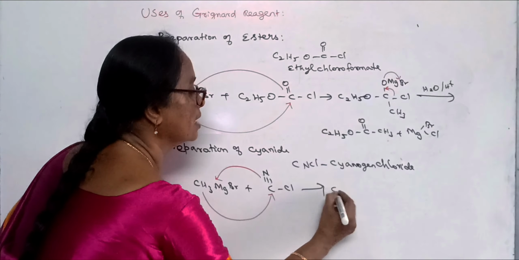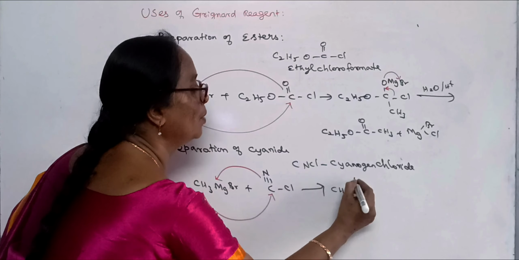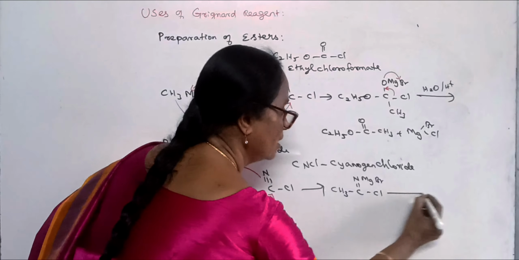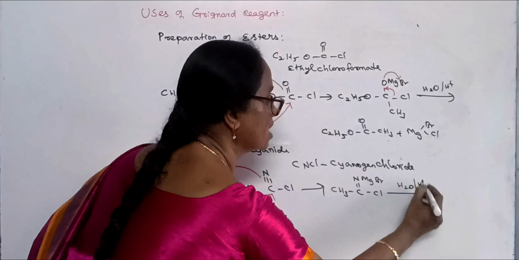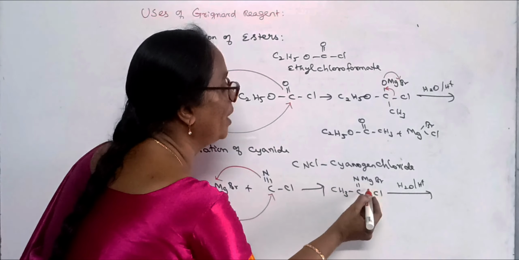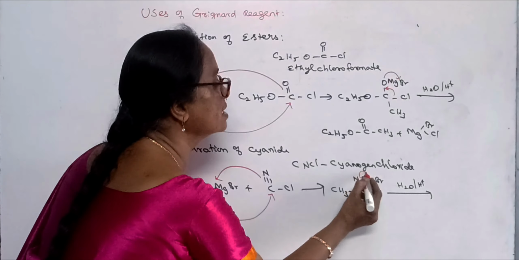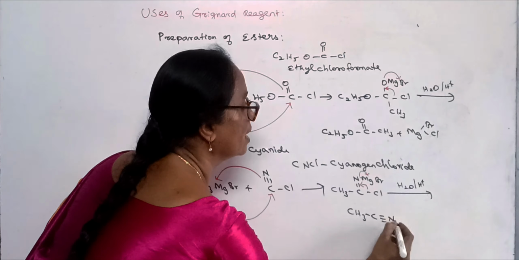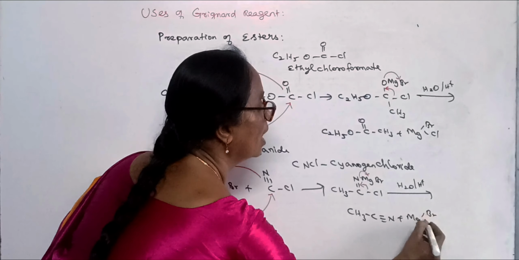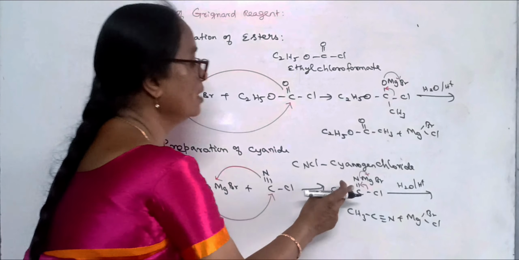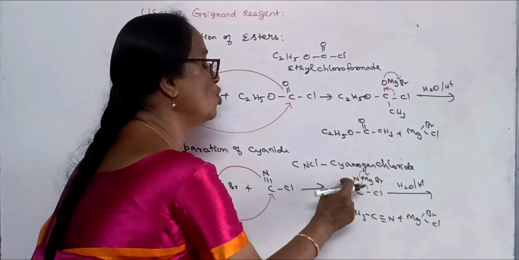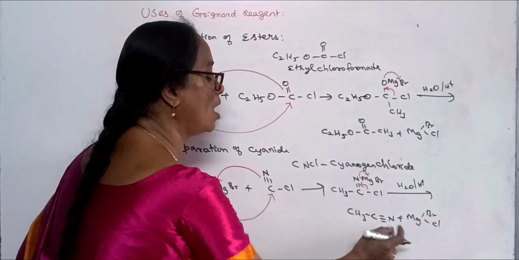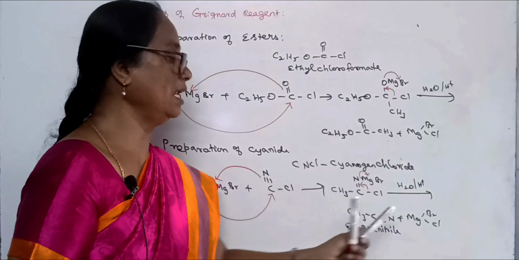So the product is CH3-C=N-MgBr with the Cl. Once again, on hydrolysis in presence of acid, we get the movement of carbon-halogen towards the MgBr. So the product is CH3C≡N plus MgBrCl. Due to the movement of the carbon-halogen, the C=N double bond makes a carbon-nitrogen triple bond. This is called ethane nitrile or methyl cyanide.